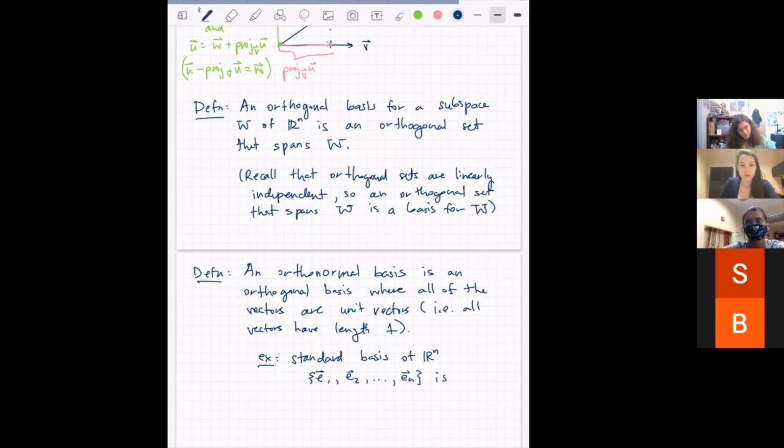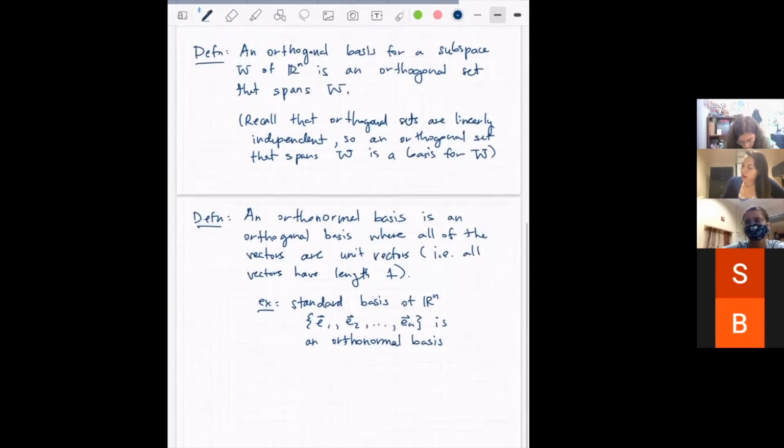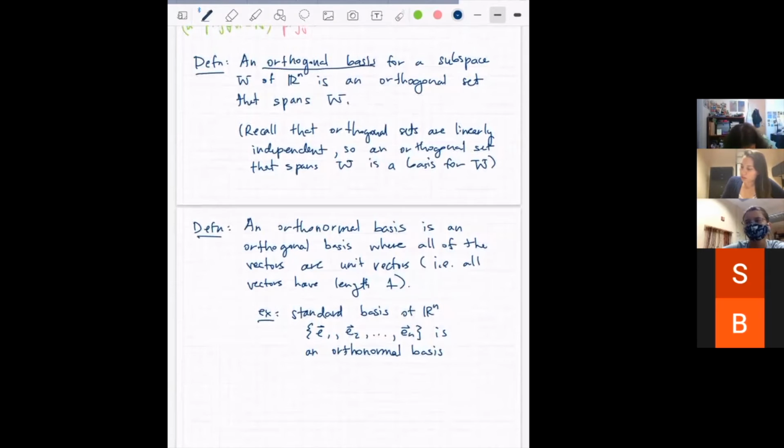This is an orthonormal basis. All right, so we have orthogonal and orthonormal bases.